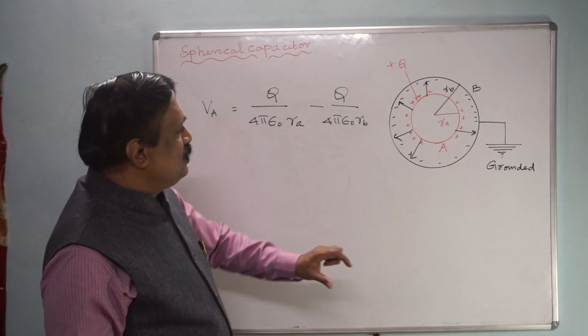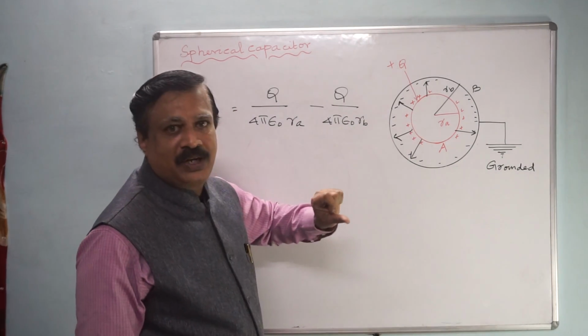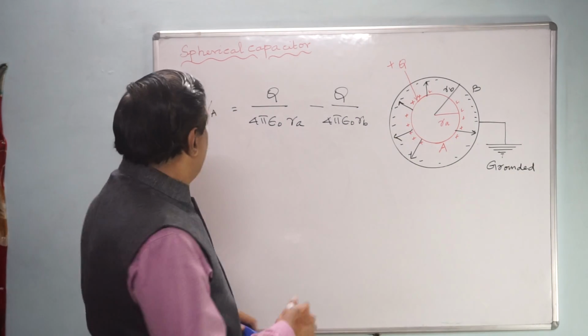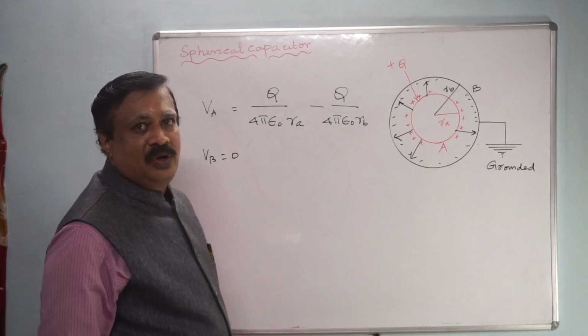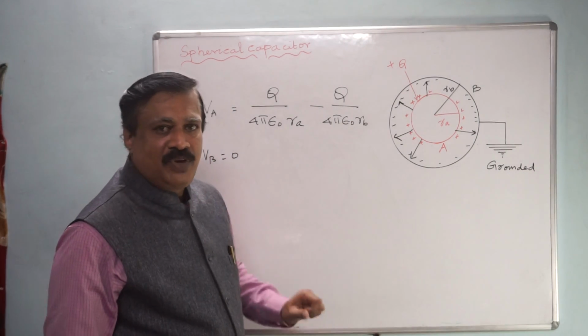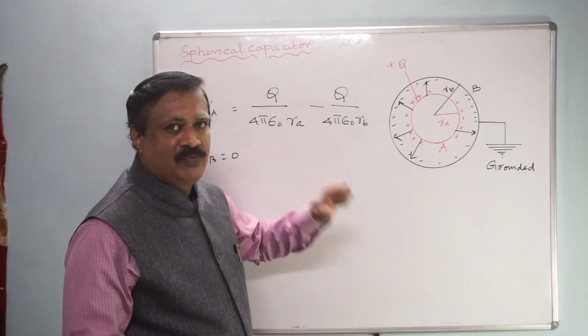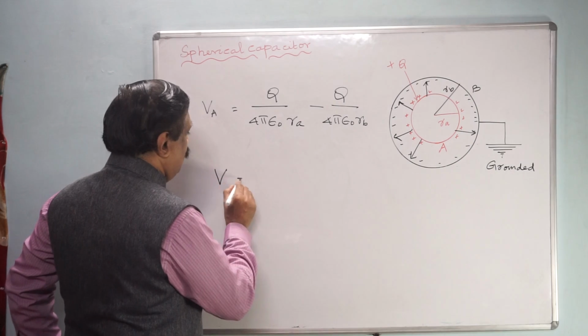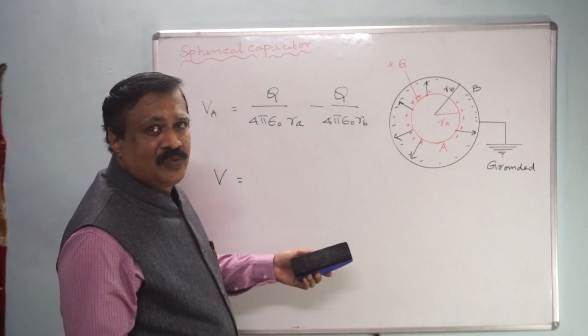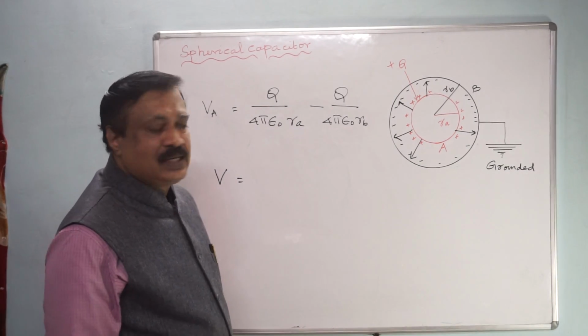That means this is the potential between these two spheres. Now VB equals 0. For the system we want the potential, therefore that is given by V equal to VB is 0, so this will be the final result.